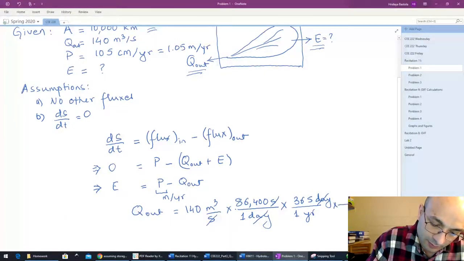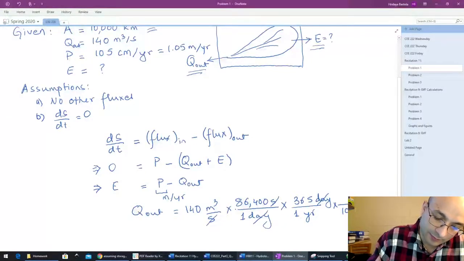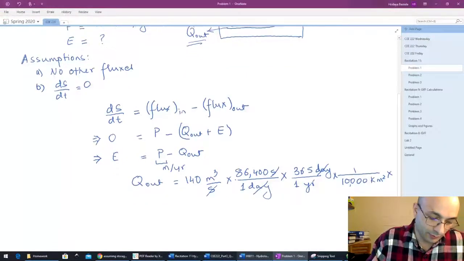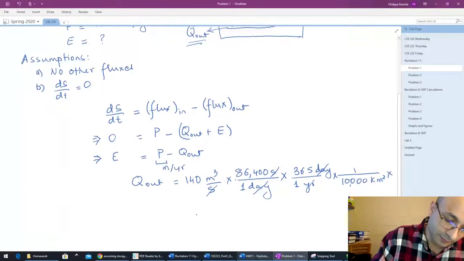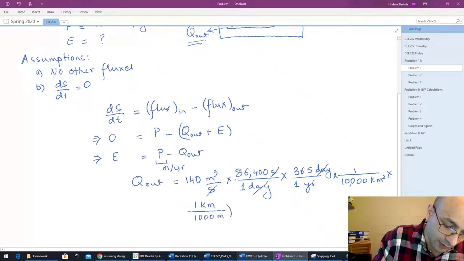So the area is 10,000 square kilometers, and we need to convert that into square meters. In 1 kilometer we have 1,000 meters.